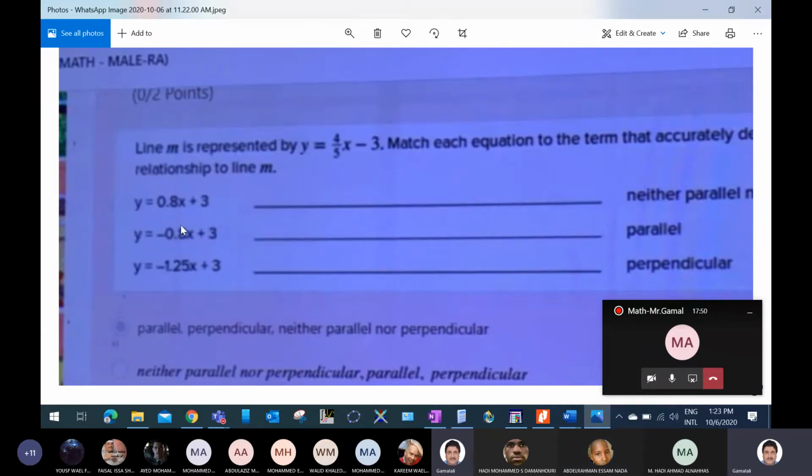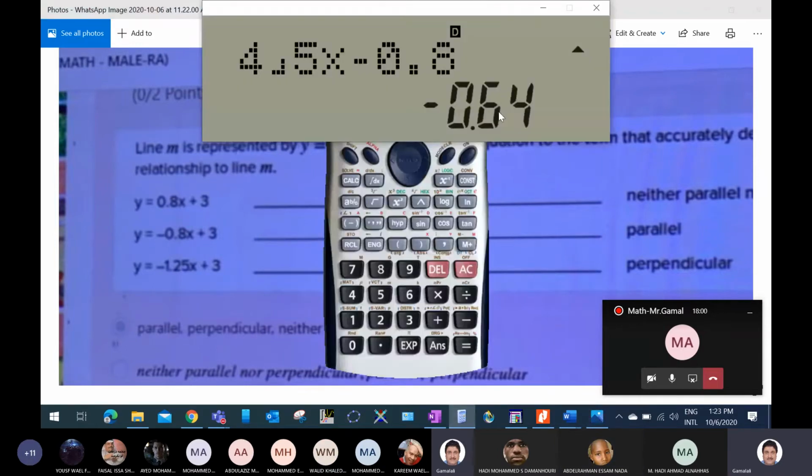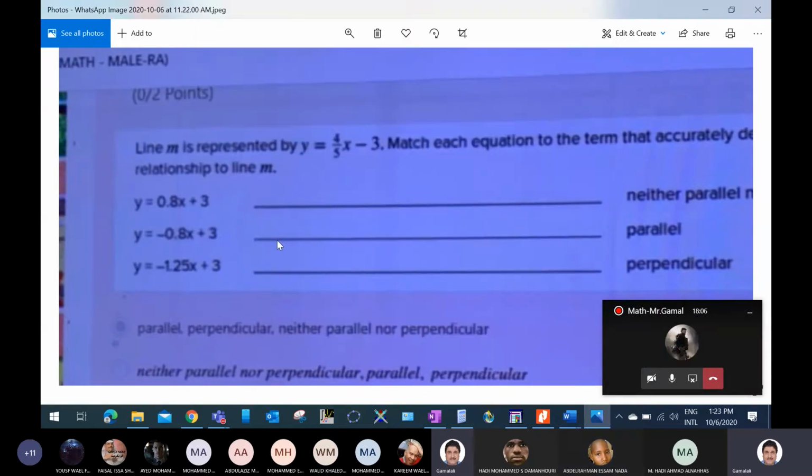Multiply the two slopes. If the product is negative 1, they are perpendicular. As you saw here, the product was negative 0.64. So if the product is not negative 1, the two lines are not perpendicular. What can I write here for this line? Neither parallel nor perpendicular. Very good.